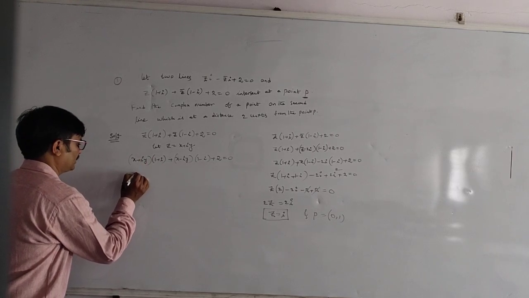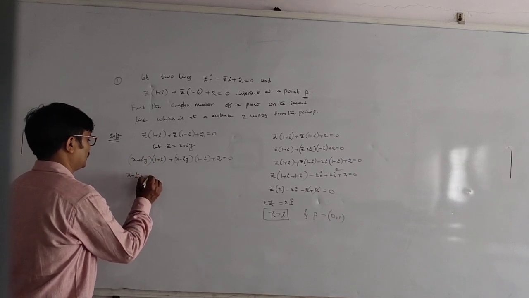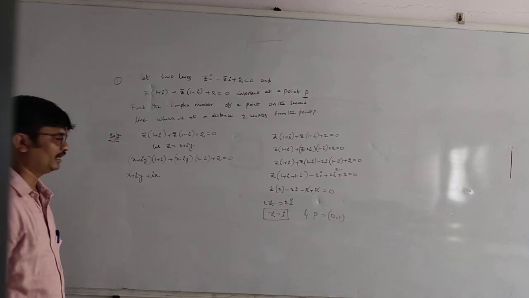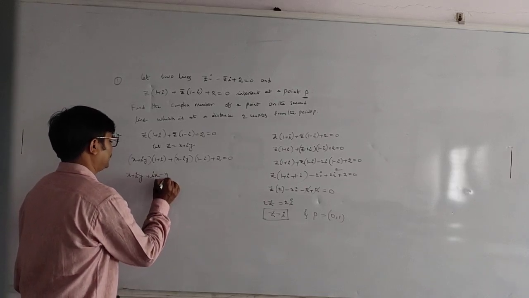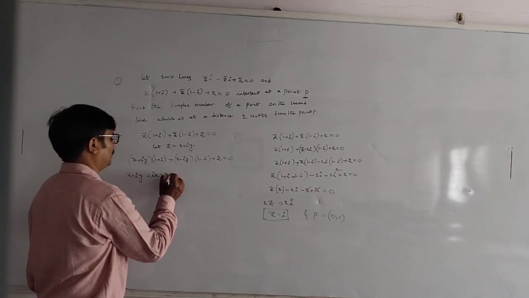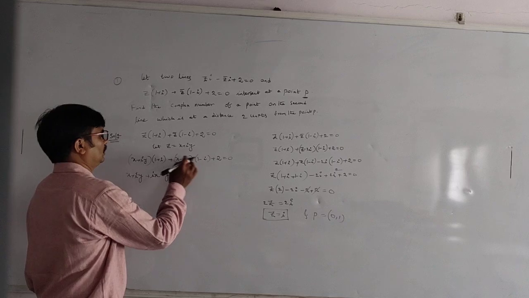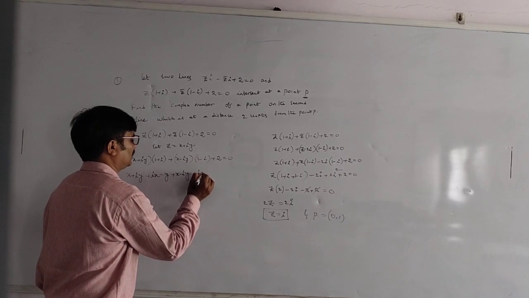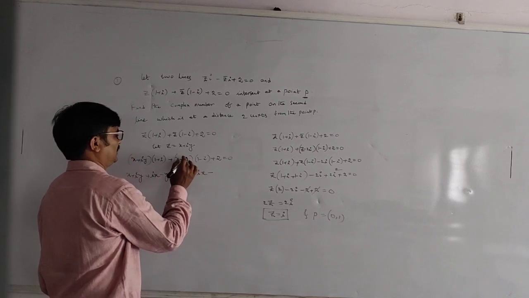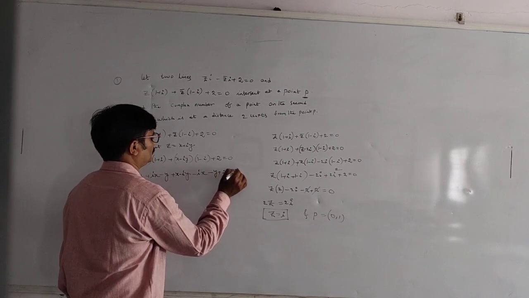So x + iy. After that, this is ix, i times i is i square, and i square is minus y. After that, this is multiplied with 1: x - iy, and then minus ix, minus times minus gives plus i square, which is minus y, plus 2 equal to 0.